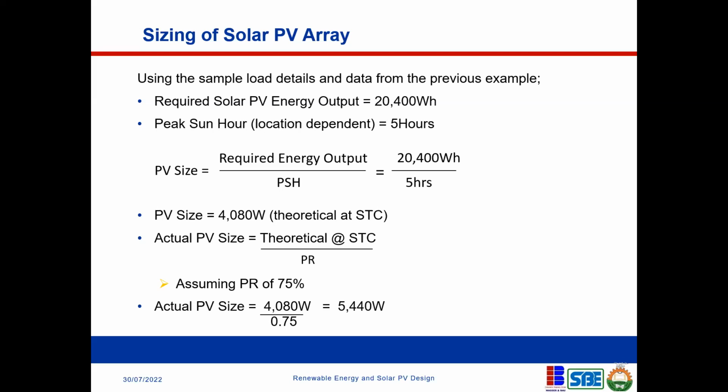The question is, if you go to the market and you see a PV module that is rated 400 watts, how many of that panel would you need to generate 5,440 watts? It's just to divide it, that's all. 13.6, approximately 14, correct? Yes, 14. So we have 14 PV modules.